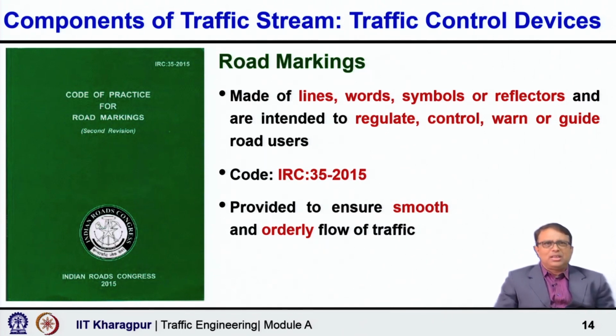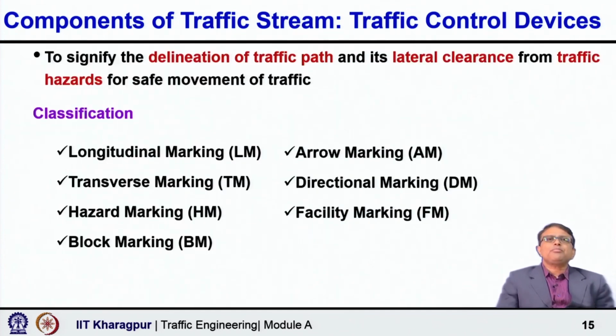Now, these are provided to ensure smooth and orderly flow of traffic, also for safety purposes. They signify the delineation of traffic path and its lateral clearance. When I am travelling in a lane, what are my boundaries? So, lane marking actually indicates that, right, and lateral clearance from traffic hazards for safe movement of traffic.